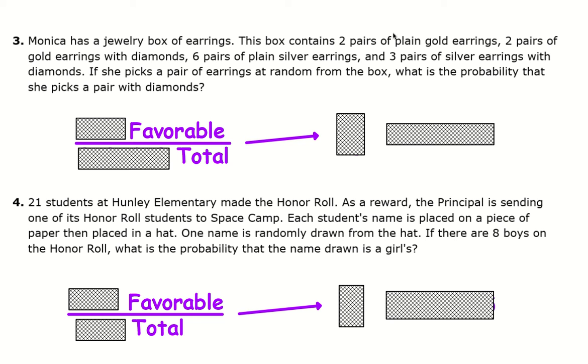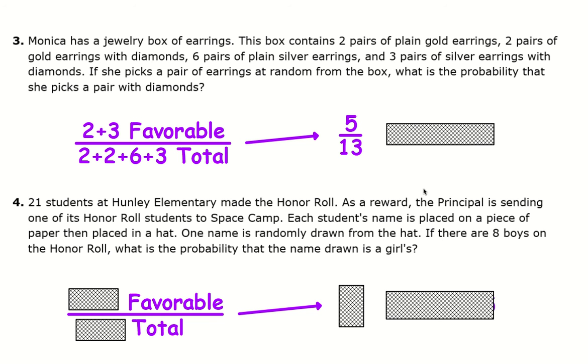Okay, I think like these had diamonds, and another kind had diamonds. The bottom line is you add the ones up. There we go. So it looks like there's 5 favorable pairs of earrings that have diamonds, and there are 13 total pairs.